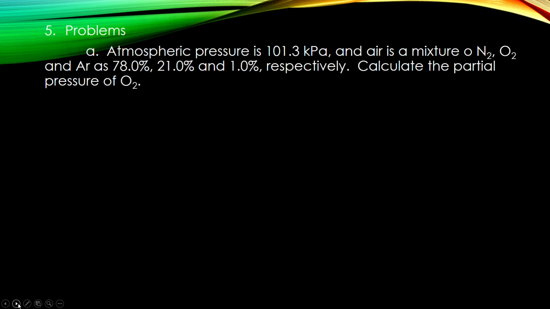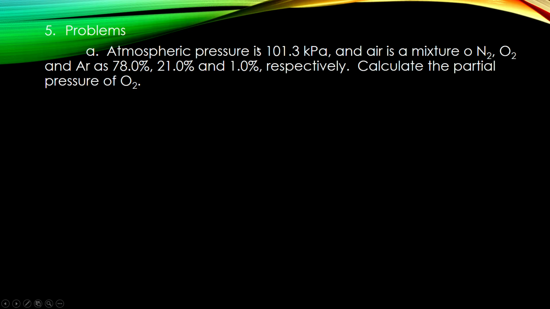Atmospheric pressure is 101.3 kilopascals, and this air is a mixture of nitrogen, oxygen, and argon at 78, 21, and 1% respectively. Calculate the partial pressure of oxygen. We know the total pressure here is 101.3 kilopascals, but we don't have nitrogen's partial pressure and we don't have argon's, so we have to think of this a little differently.